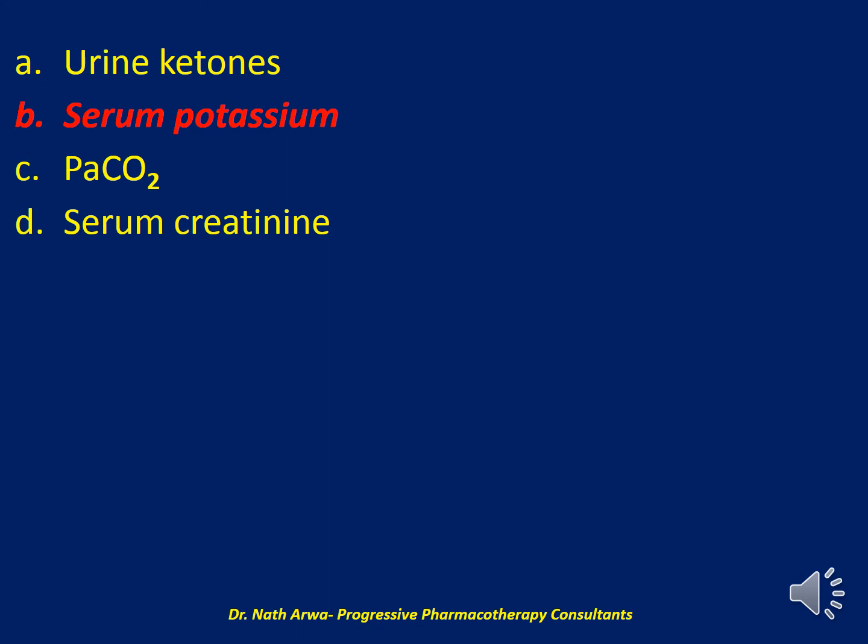Now, in clinical conditions such as tricyclic antidepressant overdose, or in aspirin overdose, or in diabetic ketoacidosis, which may require large doses of sodium bicarb, the serum potassium levels must be closely followed to avoid hypokalemia resulting in arrhythmias.